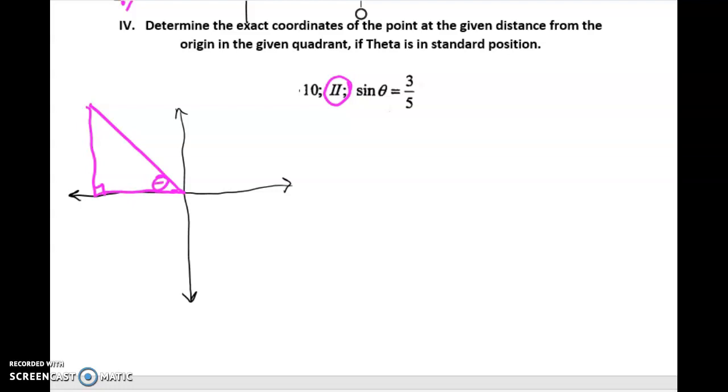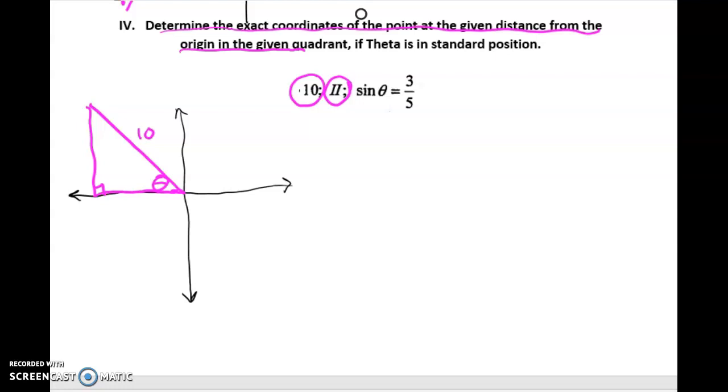Theta is always the angle at the origin. The given distance from the origin is 10. So this distance is actually 10, but it says that the sine value is 3/5.